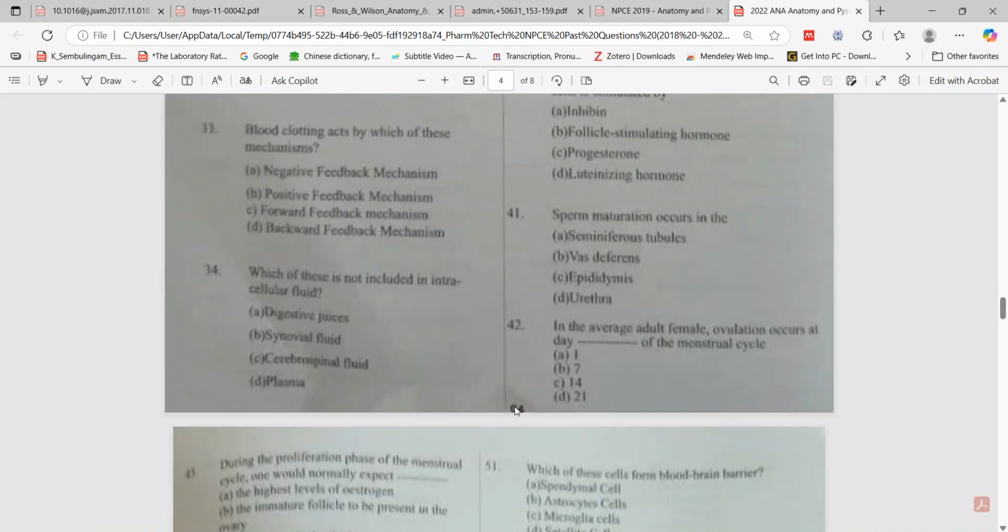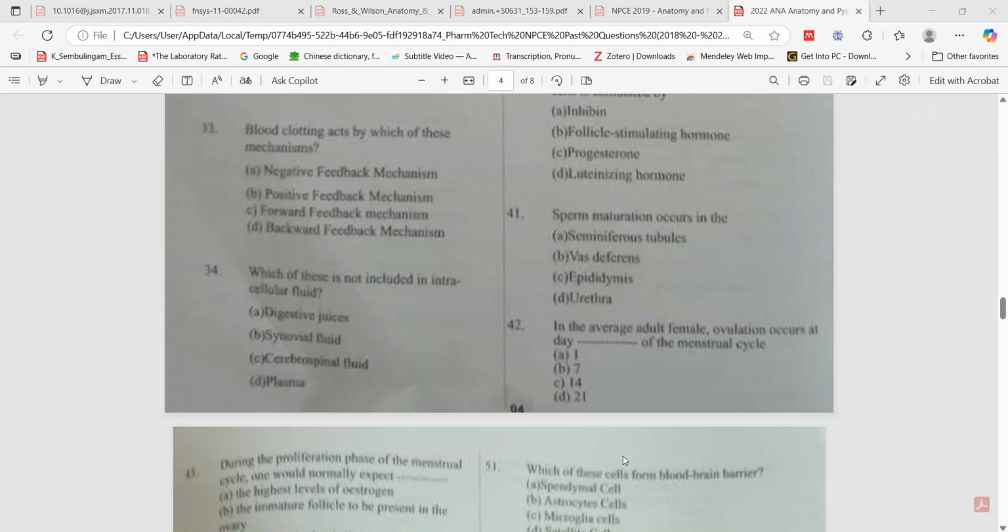Which of these is not included in intracellular fluid? Digestive juices. Wait, the answer is not correct. All of these are not intracellular fluid.